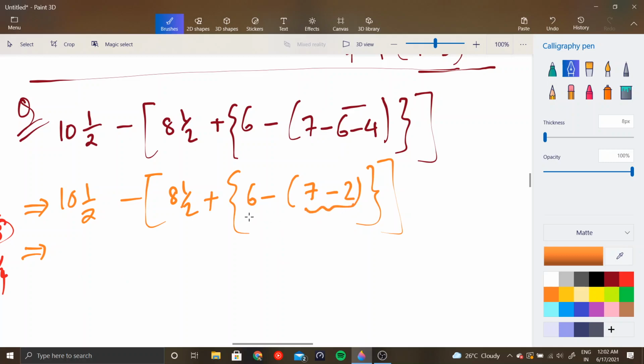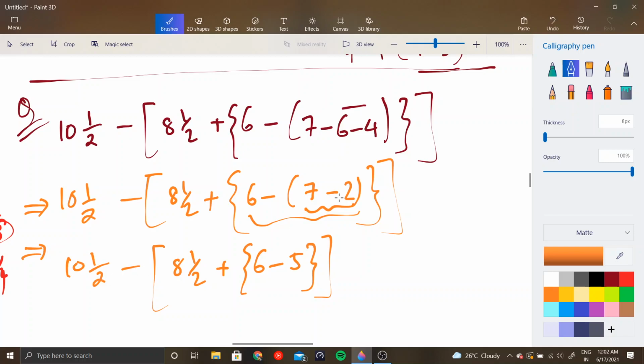compute this sum, right? 6 minus 5, and you have 8.5. Here I have jump stepped. You would have done it in 2 steps. This would be 6 minus 5, and then you would have, okay, I didn't jump a step.